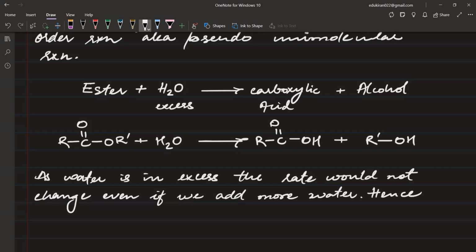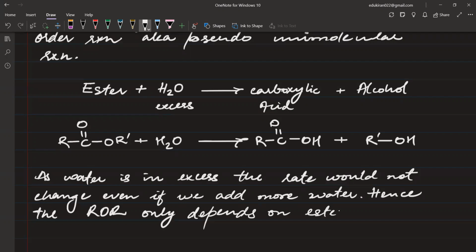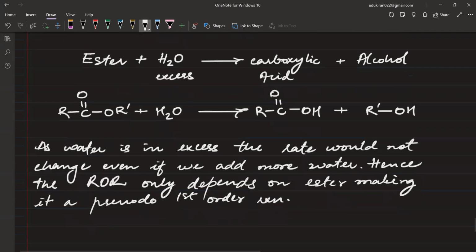Hence, the rate of reaction only depends on ester, making it a pseudo first order reaction.